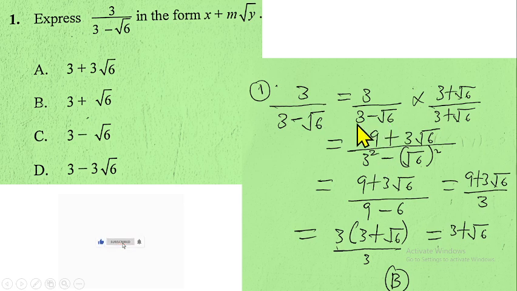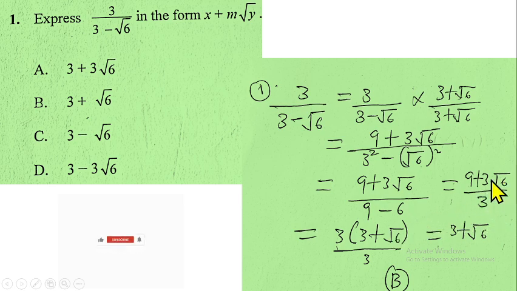So that means you'll be having 3 squared minus surd 6 squared for the denominator. Then in the numerator, 3 will multiply 3, that gives us 9. Then 3 times surd 6 gives us 3 surd 6. Then from there we can simplify further. 3 squared is 9. Then surd 6 squared is 6. So from there, you'll be having 9 plus 3 surd 6 over 3, because 9 minus 6 will give us 3.